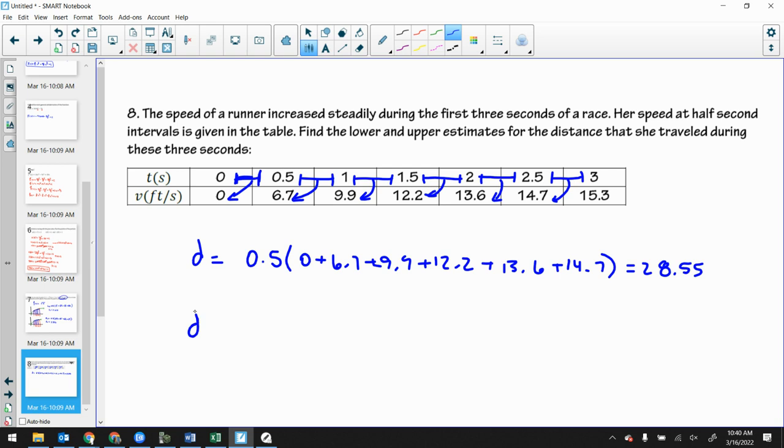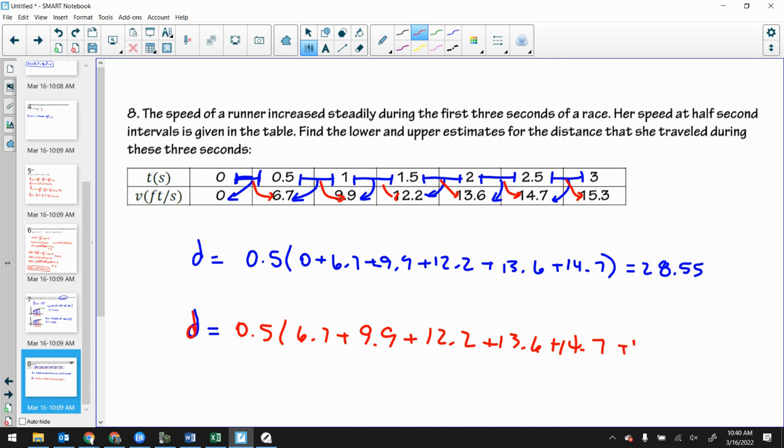I do the exact same thing for my other option. So now I'm going to apply these to all of my upper estimations. See, now am I including 0? No. See, it's 0.5 times 6.7, 9.9, 12.2, 13.6, 14.7, and 15.3.